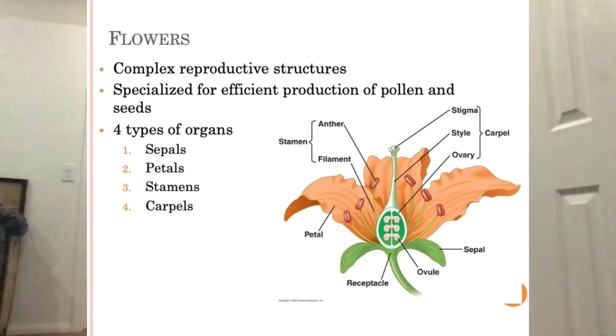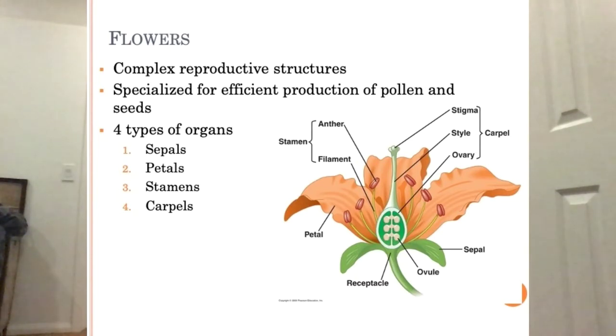So the female part, the whole structure, is called the carpel, and that's separated into the sticky stigma at the top. And so angiosperms are also going to use pollen to deliver the sperm to the eggs. So the pollen gets stuck on the stigma. A pollen tube is going to be produced, and it's going to digest its way down the style and make its way into the ovary.